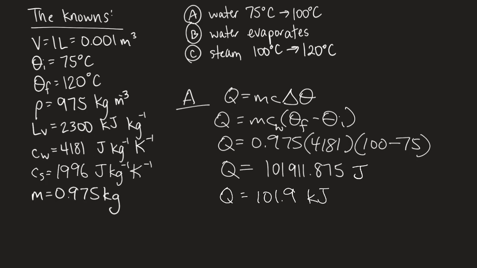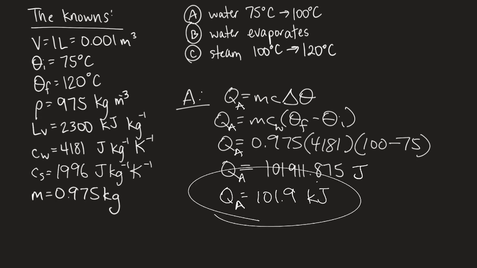And for the moment, it's okay that we've got a lot of extra decimal places, because we're just dealing with intermediate values, so we're not rounding to an appropriate number of significant figures at this point. And if you wanted to make it more evident to your examiner, you could even call this QA, because this is the heat for what we've labeled as section A.